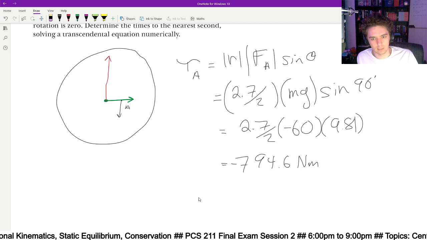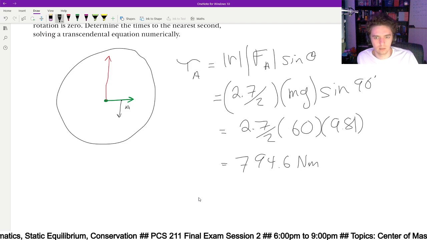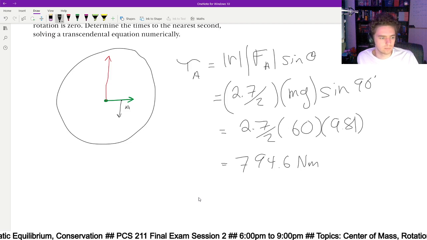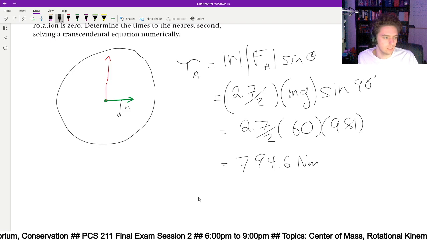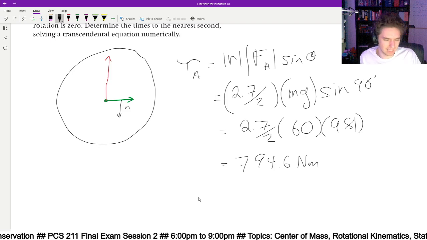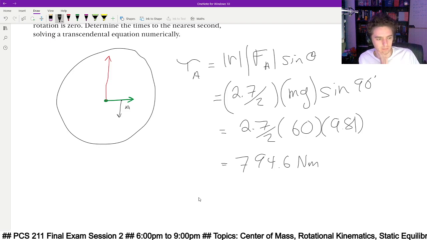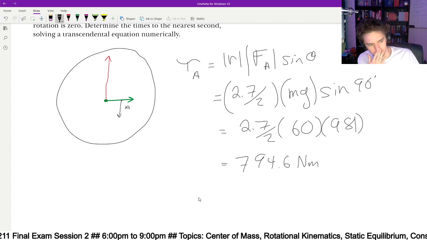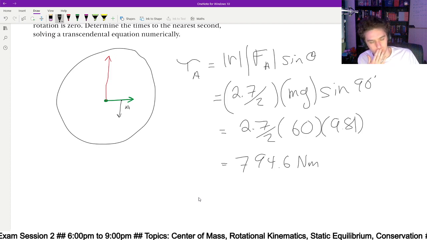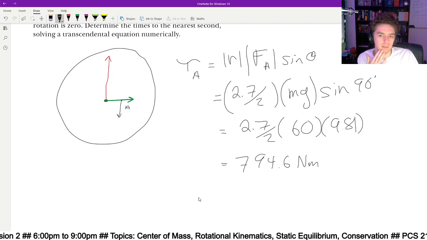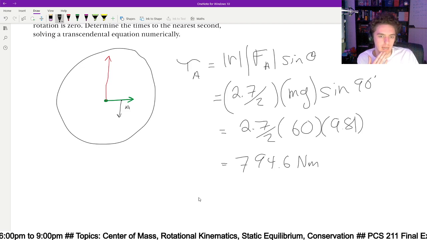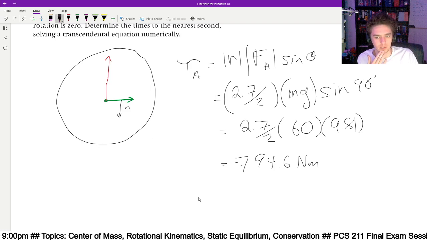Hold on, this doesn't actually make sense, what I said there. I think torque is one of those things where you have to put in the negative sign. Isn't it because counterclockwise is positive? That's what my professor said. Counterclockwise is always negative. So it just has to be negative. Yeah, this goes counterclockwise, so it is negative.